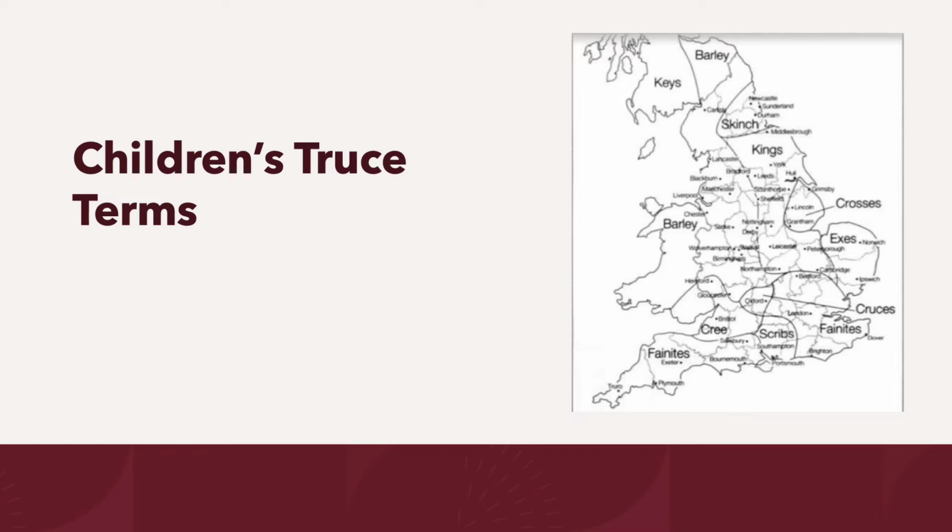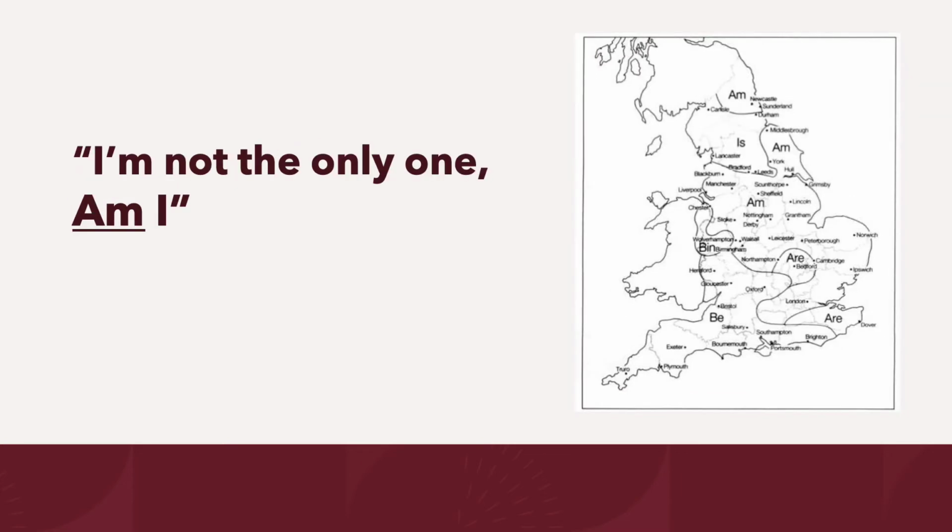Right? But you might say, well, okay, of course there's going to be differences in children's vocabulary. Kids, they make up words all the time. Maybe that's going to explain why there's lots of regional differences. Surely there would not be differences in very, very basic grammatical forms. Here you see a comparable map, again from Trudgill's work, showing differences in the form of the first person singular of the verb to be, the form that in standard English is am.